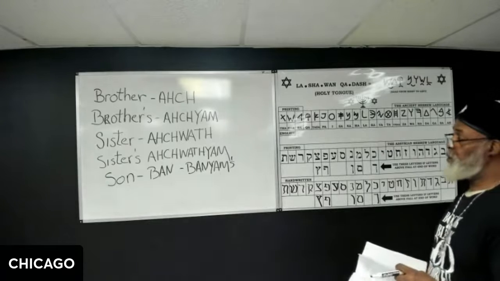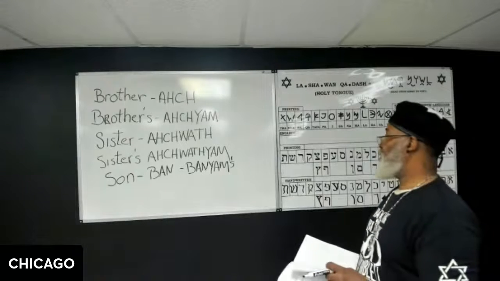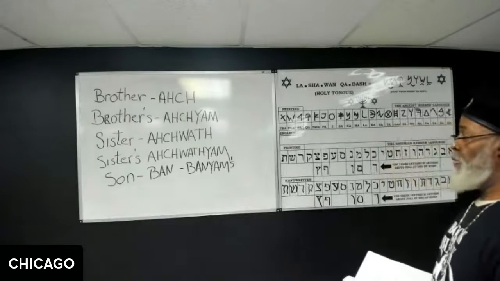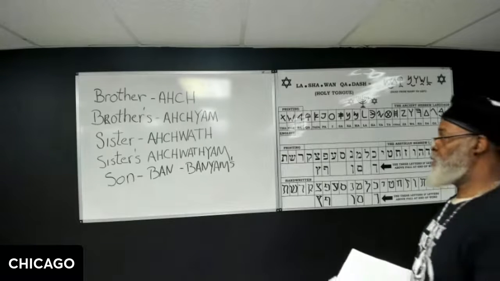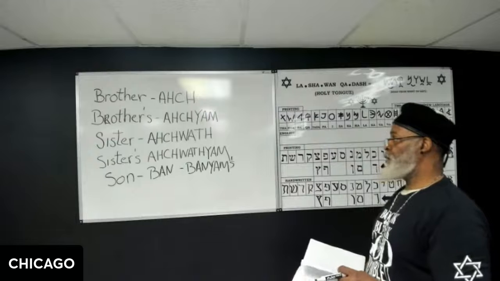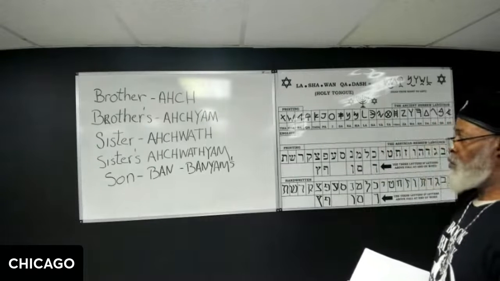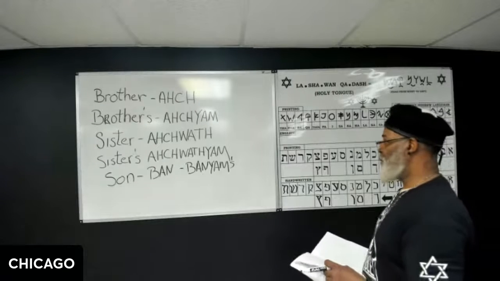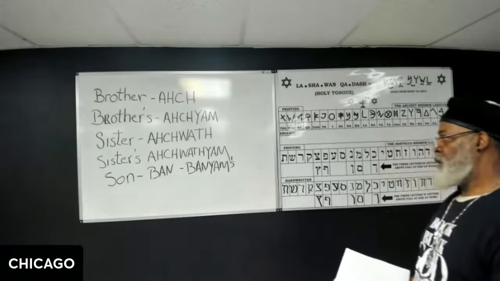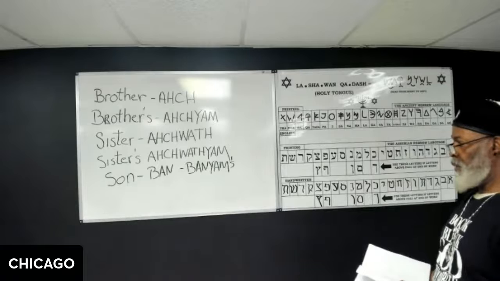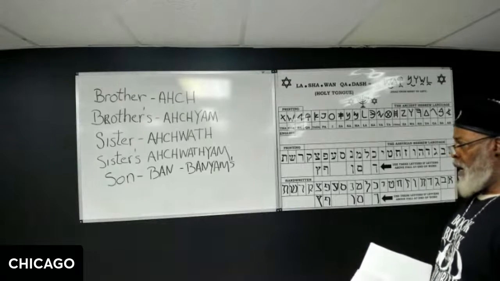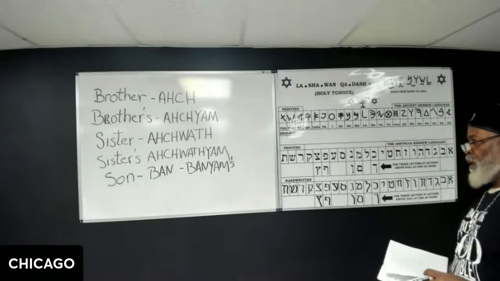Those are the names, the terms that we call each other in Hebrew. A brother, when you're talking to a brother, another man, it's just you and him, you call him Ak. When you're talking to a crowd of your brothers, you call them Akim. A sister, Akhot. Sisters, Akhwafim. Your son, Ban or Banim.